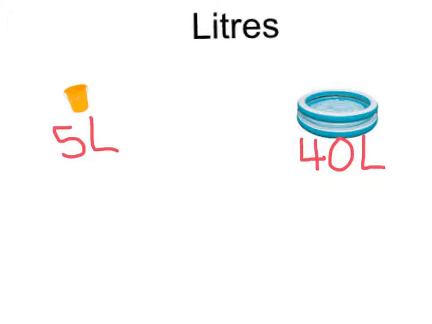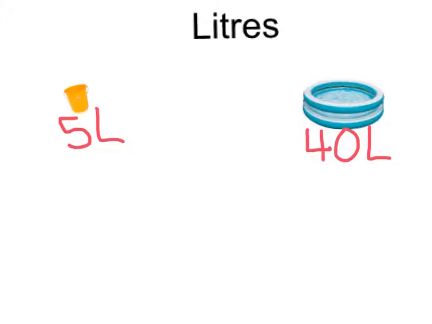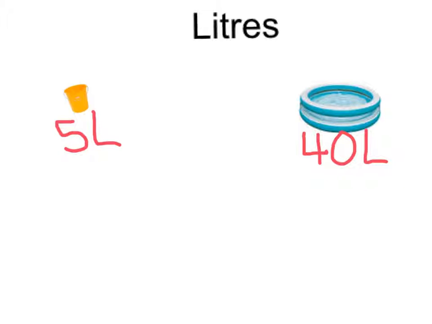So here I have a 40 litre pool. It's hot and it's summertime, and I want to fill it up because I want to go and chill out and cool down. But I only have one 5 litre bucket to fill up my pool.